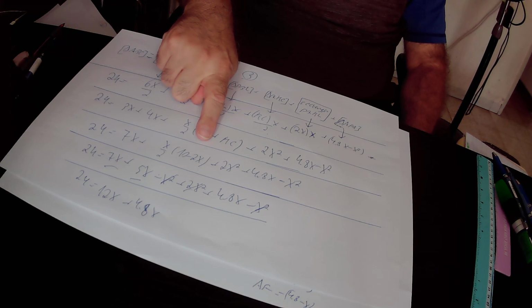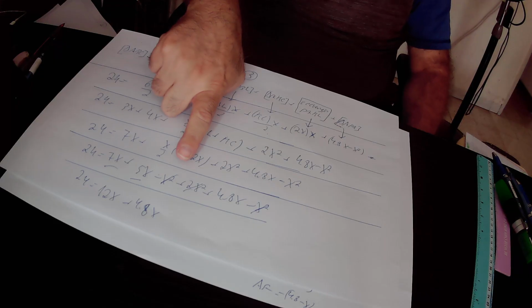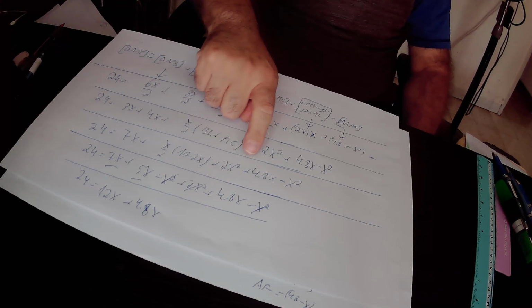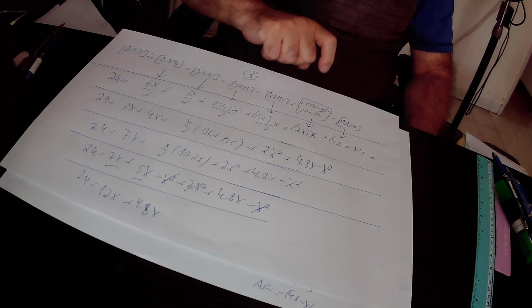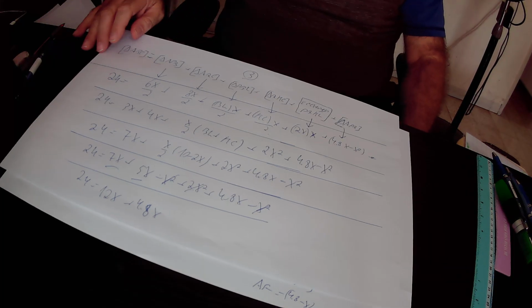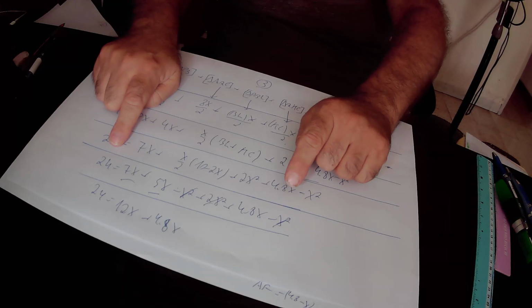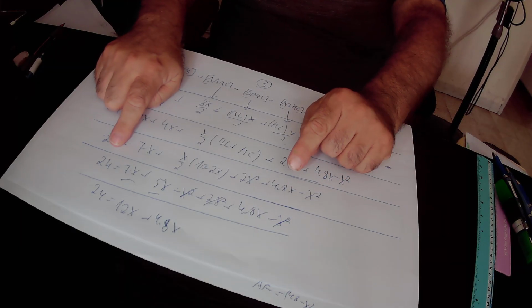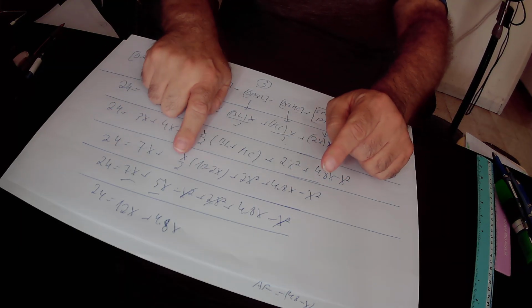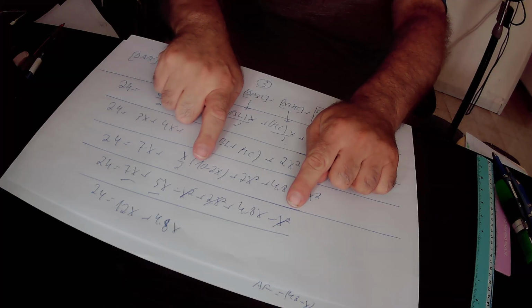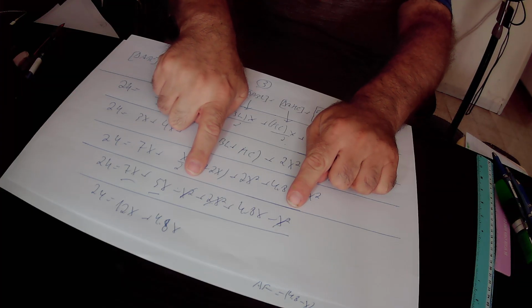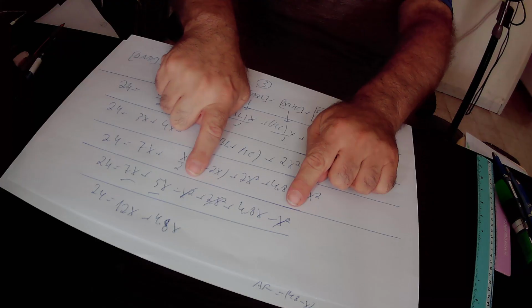Minus 2 over 2 is minus 1, so it is minus x times x, that is minus x squared, plus 2x squared plus 4.8x minus x squared. So in total, 24 equals 7x plus 5x is 12x. And we have minus x squared, minus x squared is minus 2x squared. Minus 2x squared plus 2x squared is 0.